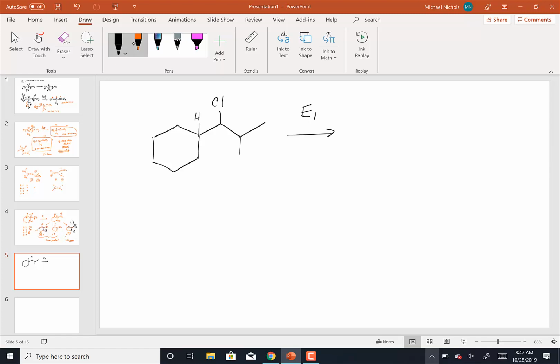Okay, so then if we have A and B here, which one is our major product? How many alkyl groups are attached to molecule A, to the double bond in molecule A? Give me a number. 3? Do we like 3?